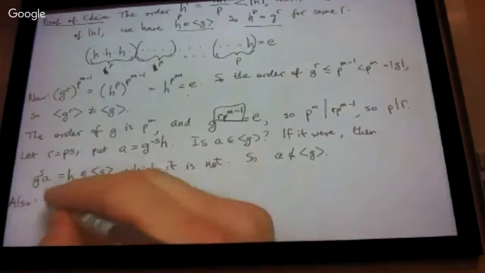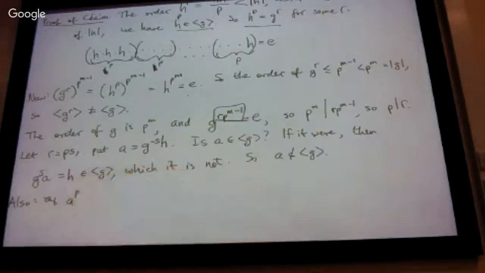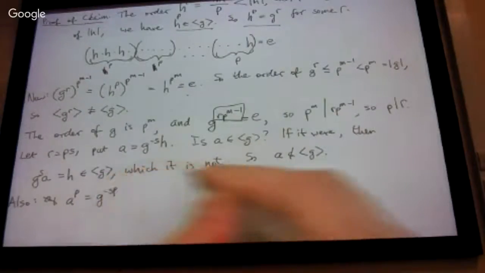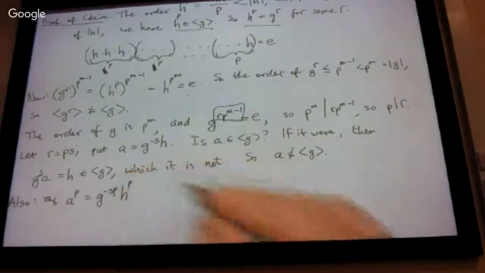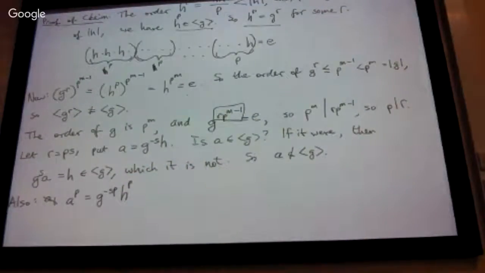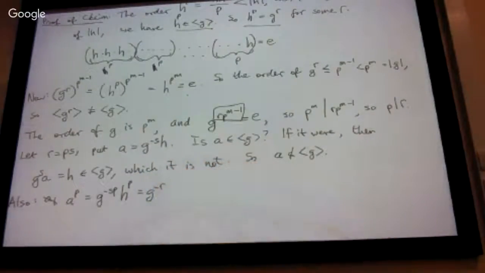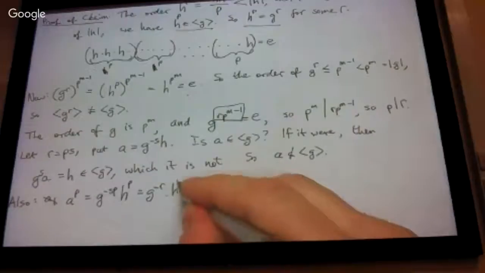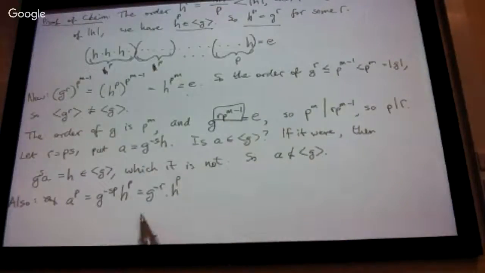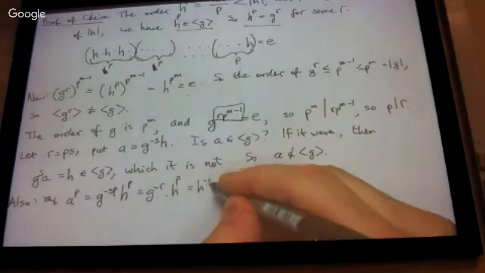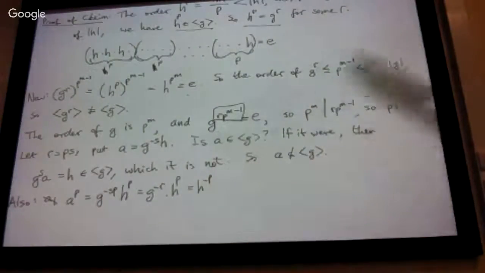What is a^p? Well, what is a? a is g to the that. It's abelian, so this is g^(-sp) times h^p. Well, what is -sp? That's -r. Well, what is g^(-r)? Well, it's h^(-p) because that's what we said somewhere.